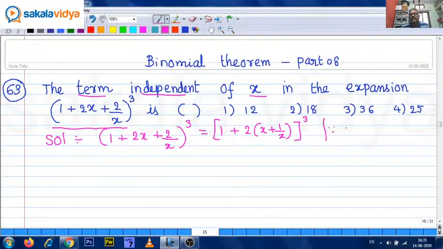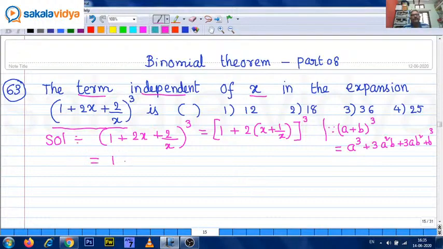What is the (a + b) whole cube formula? (a + b)^3 expansion equals a^3 + 3a^2 b + 3ab^2 + b^3. Here a stands for 1, b stands for 2 times (x + 1/x). So this can be expanded like this.